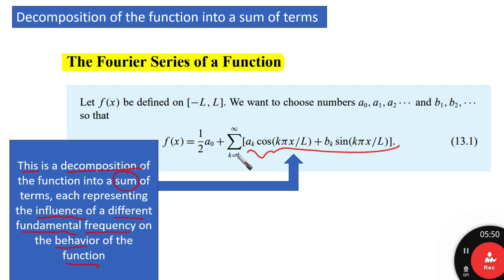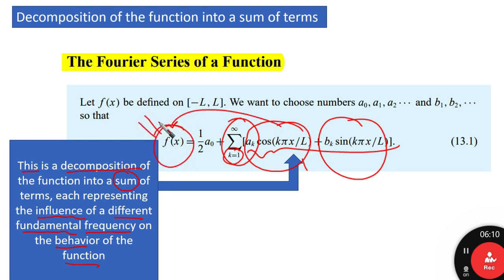Because we have k from 1 to infinity, we have one term, another term, and another term, each giving different terms. Based on this summation, we put the influence of each term, based on its frequency, on the original function that we are seeking.